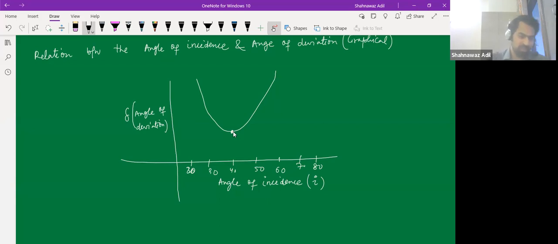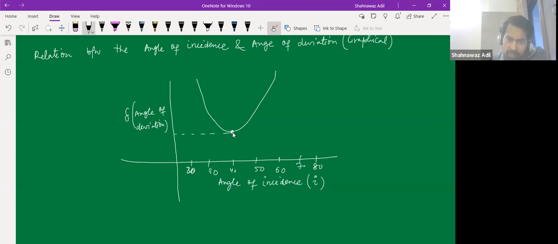Yes, Mariam, what can you tell me about that? Forget about this line, so this may be different. Figuratively, from this graph, what can you tell about angle of deviation at this point? This is some angle of deviation, right?